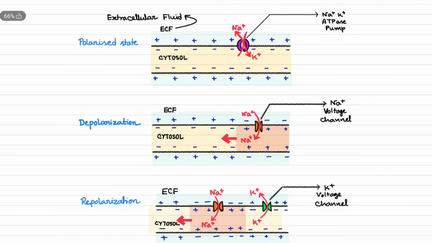Here you can see another thing: in this photo, this part is depolarized, and after that, in this photo, this part gets repolarized and the depolarization shifts forward. So in this way, the action potential conduction occurs.